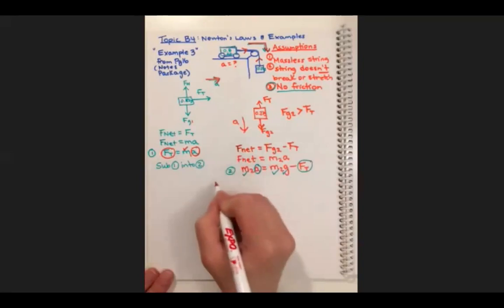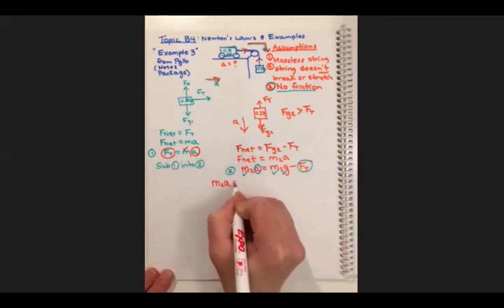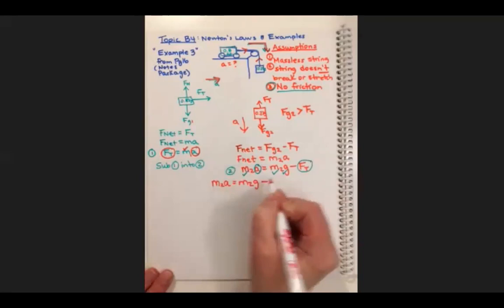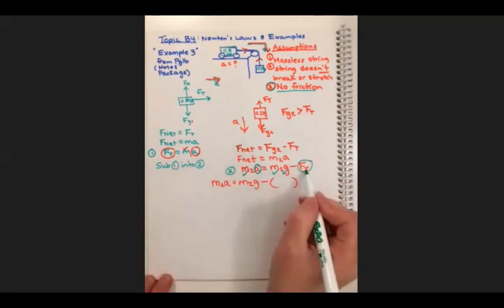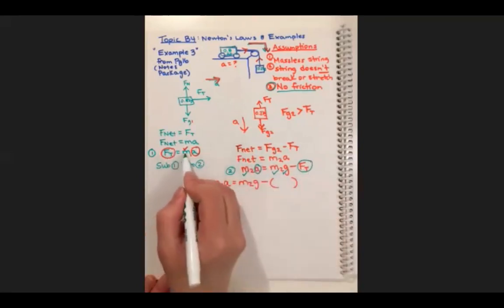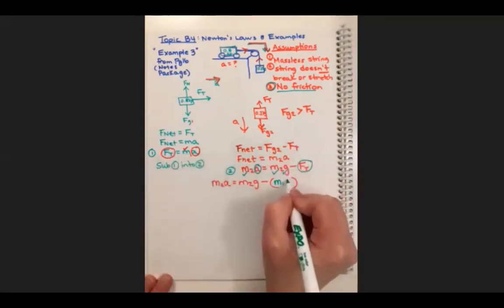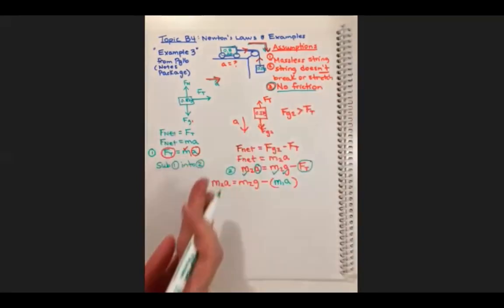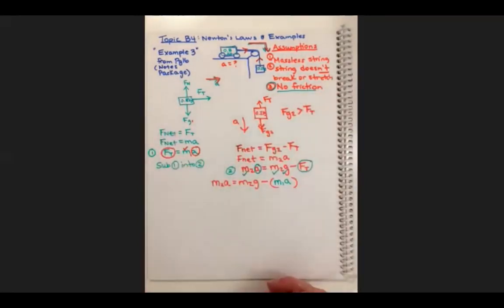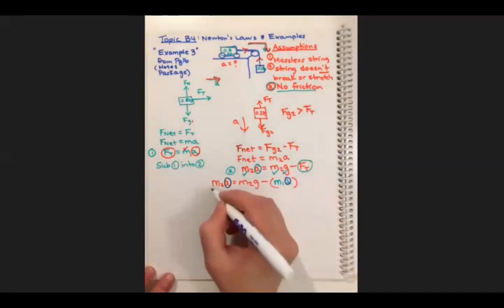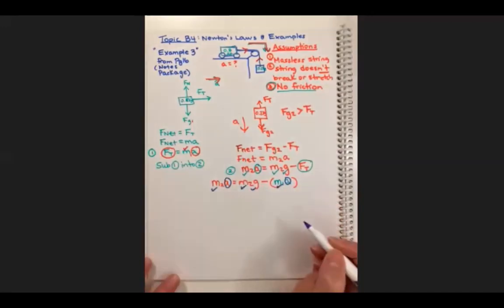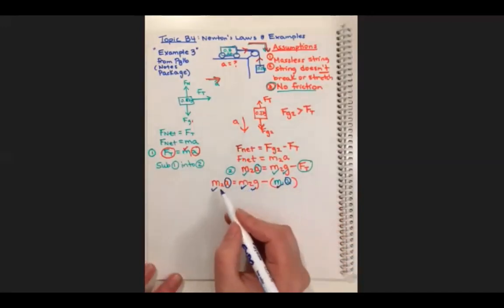So let's rewrite equation 2, m2a equals m2g minus, then we're going to substitute what Ft is also equal to. Ft is also equal to m1a, so we are combining the information from the two free body diagrams into an equation which has all values that are known or that we're trying to find.